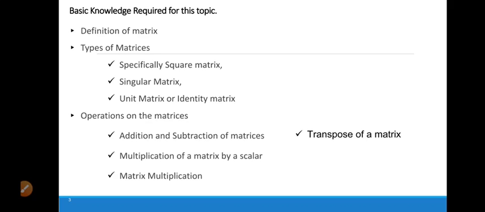Inverse of a square matrix, you have learnt methods to find inverse of the given square matrix, and you know the condition for existence of inverse of a matrix. For this you have applied elementary row and column transformation, and all this knowledge is also required here in this unit number 1 of engineering mathematics 1.